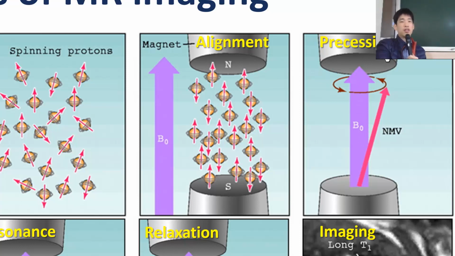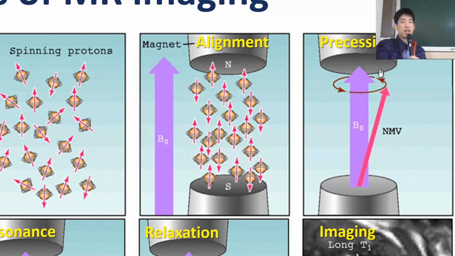However, there is another phenomenon we call the precession. This net magnetic vector, NMV, does not simply line up along B0. It continuously has a circular motion we call the precession. It circles around, using B0 as the main axis. It will precess around this vector right here.